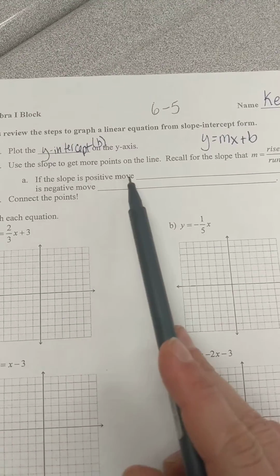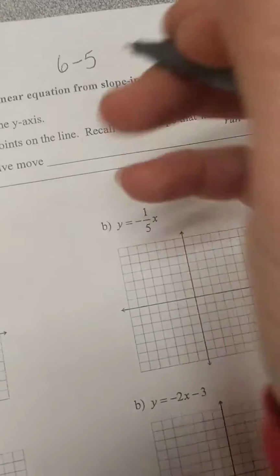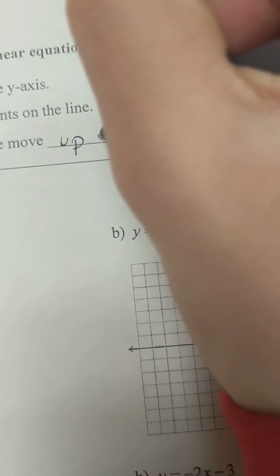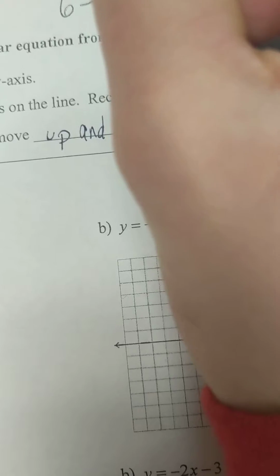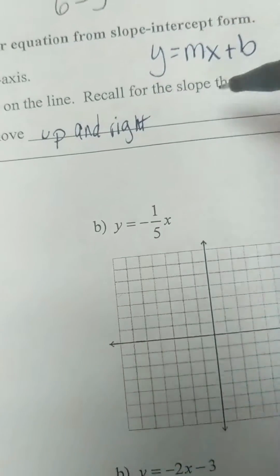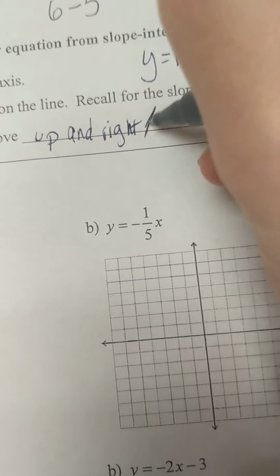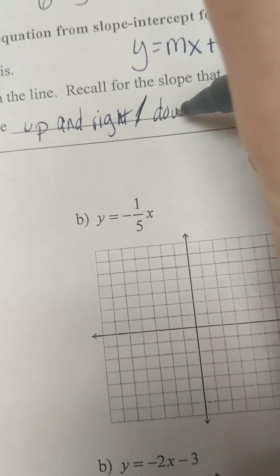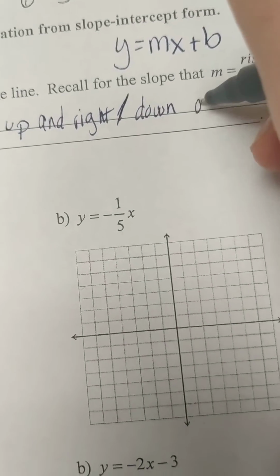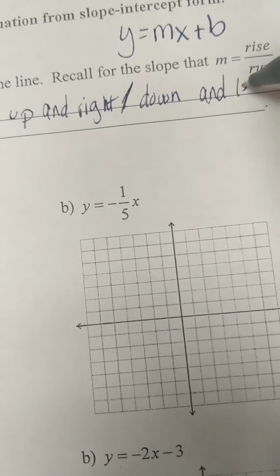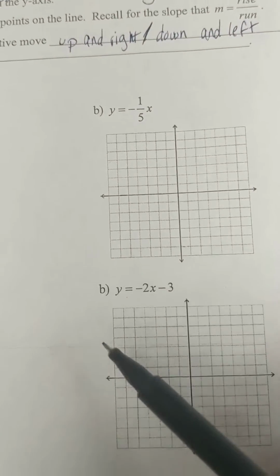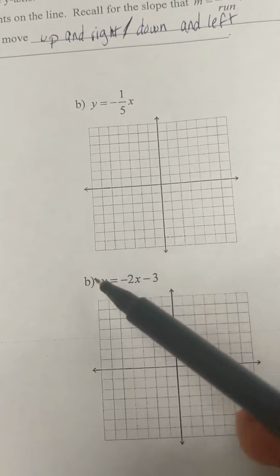If your slope is positive, you should be moving up and right, which also means you are going down and left. So we should be looking in this type of direction.